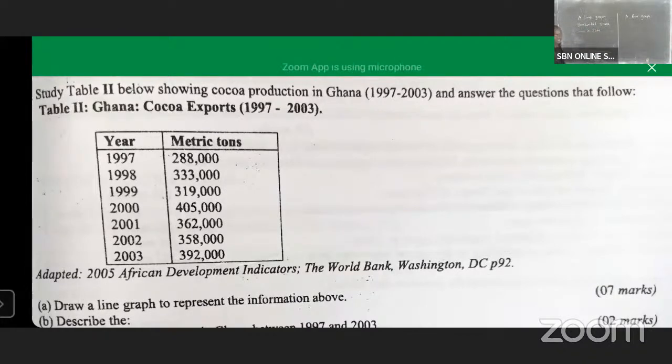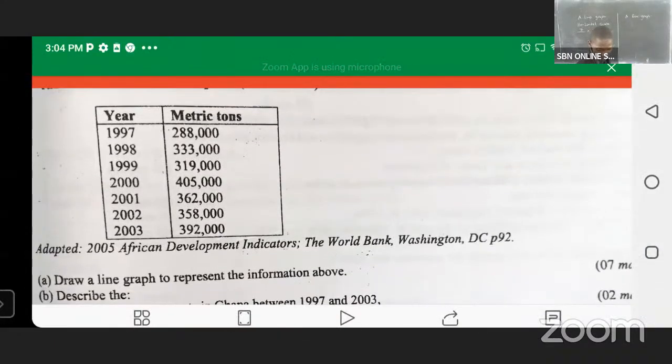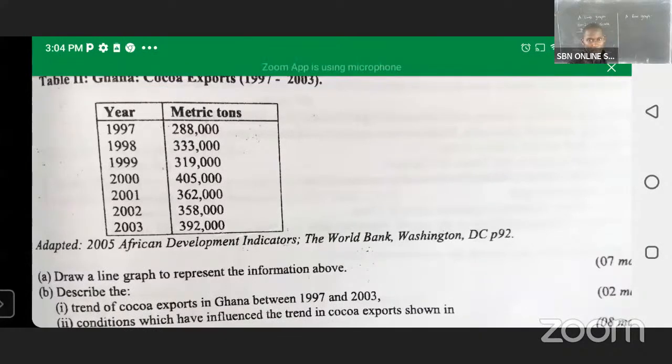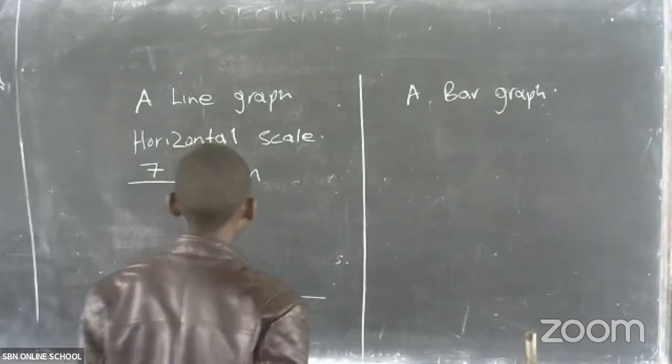How many items have we said? 7. So here we are taking 7 items. Am I clear? Here we are taking 7 items.